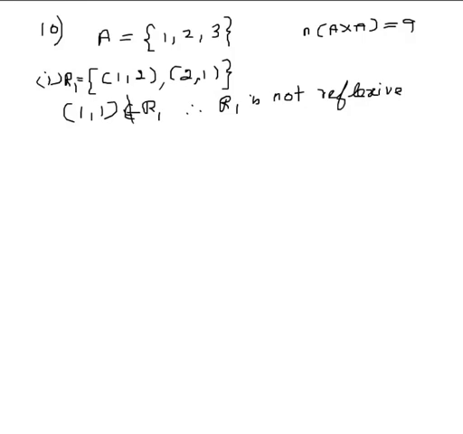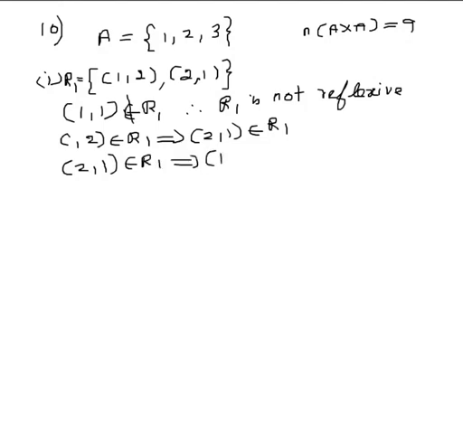We can show that it is symmetric easily. 1, 2 belongs to R implies 2, 1 belongs to R. Or if you take 2, 1, 1, 2 belongs to R. So I can say that 1, 2 belonging to R1 implies 2, 1 belongs to R1. Similarly, the other way around. 2, 1 implies 1, 2 belongs to R1. Therefore, R is symmetric.